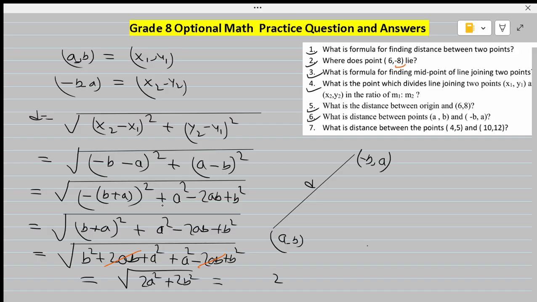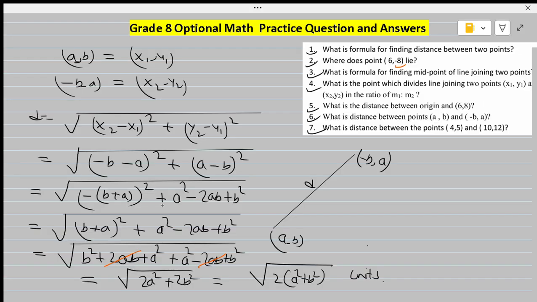So 2 you take common: root over 2 times (a square plus b square), and we can't simplify further. So this many units is the distance between these two given points (a, b) and (-b, a).